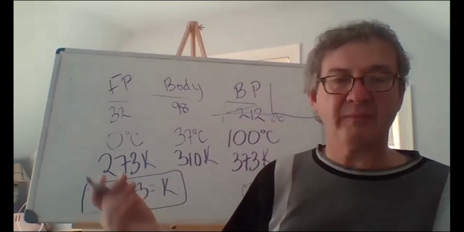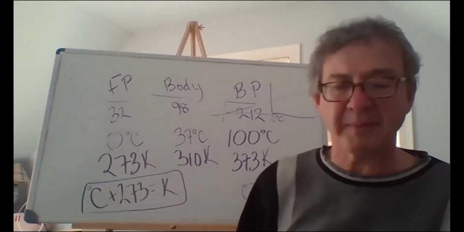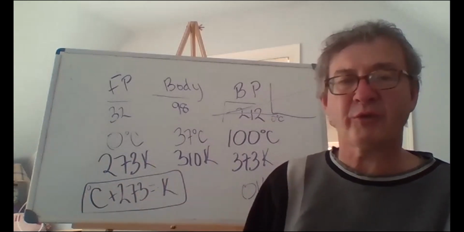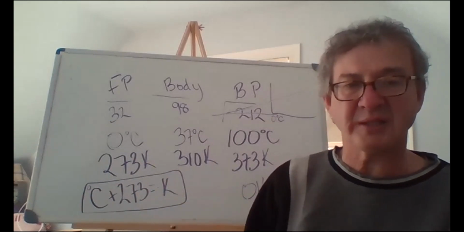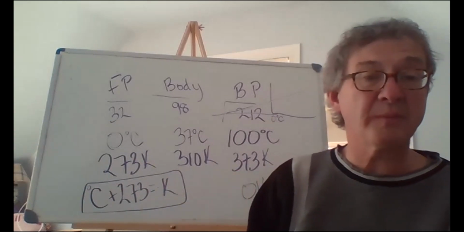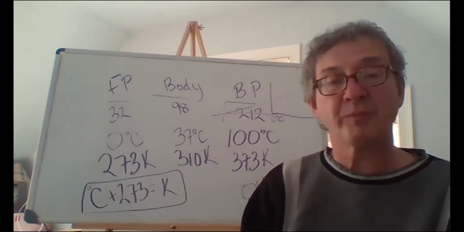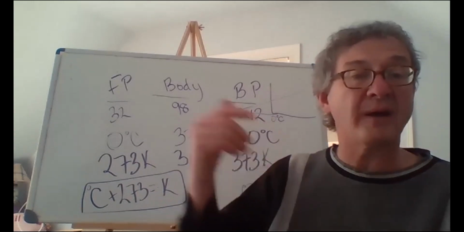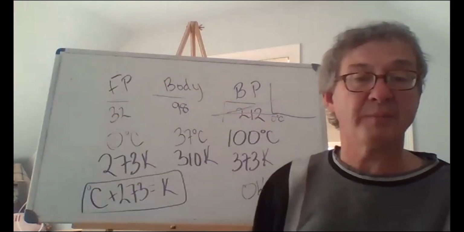And you think, well, why is he making us memorize these stupid numbers? Why 273 plus whatever the Celsius is? Because in terms of doing mathematics, we're going to need that number to be able to do a lot of what we have coming down the pike.